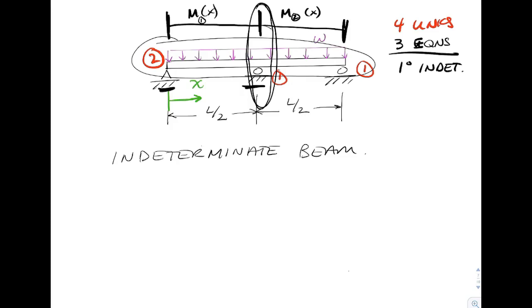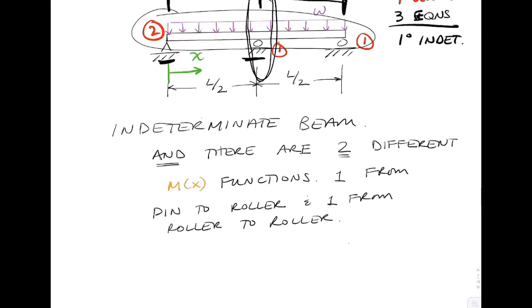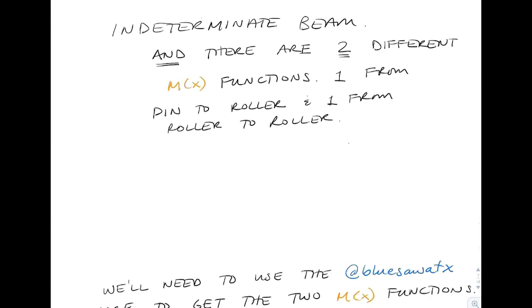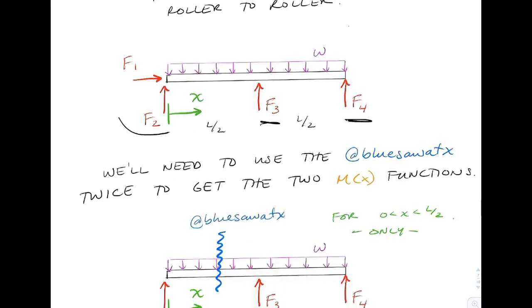We're going to need 2 m of x's, so we're going to have to take 2 different cuts. So first, let's look at the whole structure free body diagram. There's the pin, roller, roller. And so we'll need to use the blue saw at x.